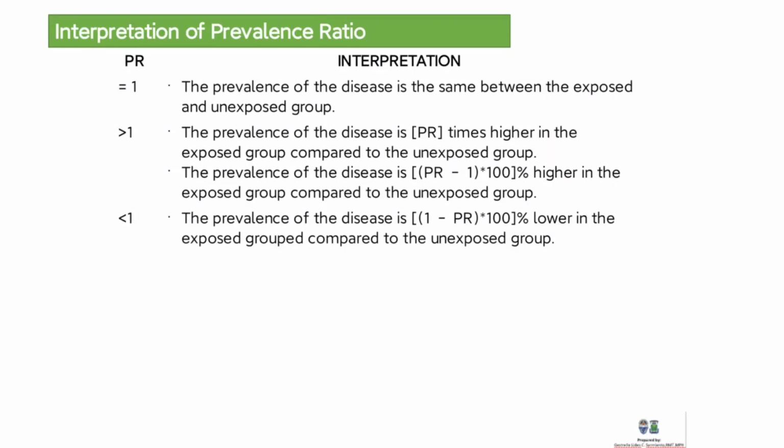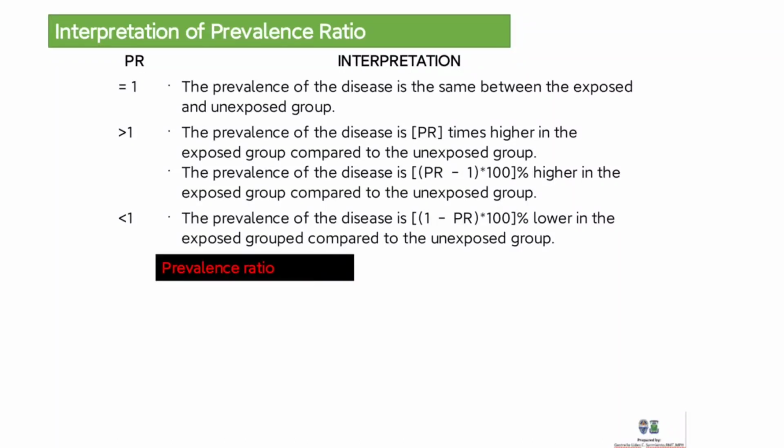Higher in the exposed group compared to the unexposed group. And then lastly, if your computed PR value is less than 1, that means the prevalence of the disease is, ang gagawin mo lang is 1 minus the PR, no, multiplied by 100. Okay? Lower in the exposed group compared to the unexposed group.